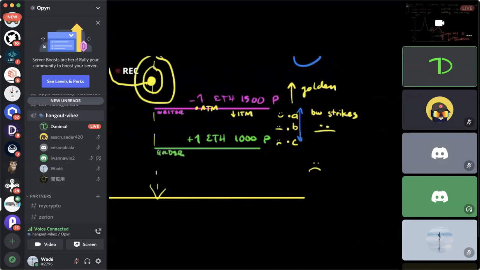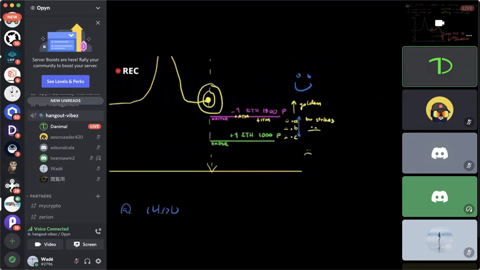So if your net credit that you received for this short leg, right, you're going to receive a net credit for that 1500 put. Now let me go ahead and look at a chain while I'm talking about this. It'll just take me a moment to pull up a somewhat real value. And while it's loading, I'll just say you could be at a net profit for the strategy, right?